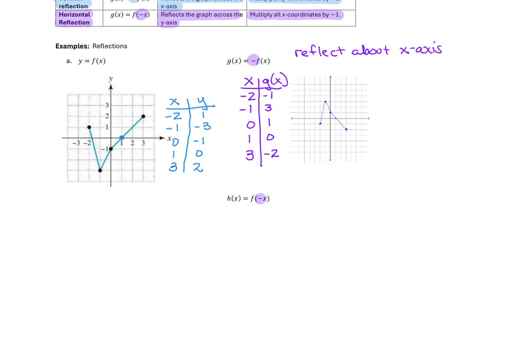And so when we change our x coordinates, again, we're going with the original table. Negative 2 becomes a positive 2. Negative 1 becomes positive 1. 0 stays 0. 1 becomes negative 1. And 3 becomes negative 3. And for this one, we keep the y coordinates.